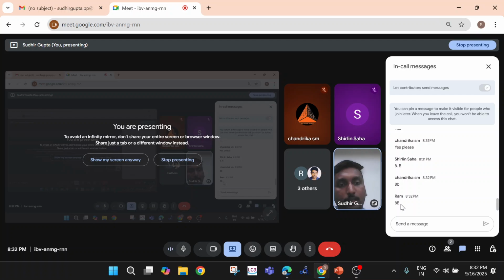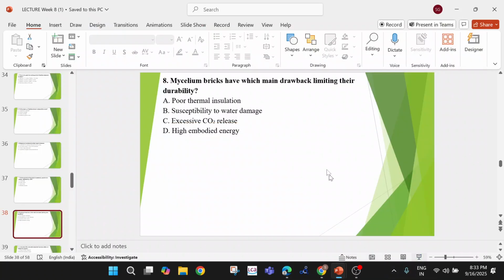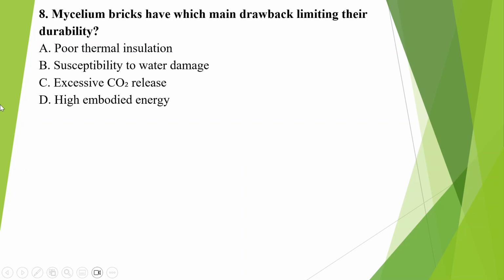Ram Celine was first to answer this question. It's good to see that she has corrected her mistake, and now she is the first, and then Chandrika and Ram. And others are not able to answer, or they are still thinking. Let me show the question again and discuss with you all. Option B is the correct answer. The main drawback is that it has lesser durability as a brick, mainly because of its susceptibility to water damage.